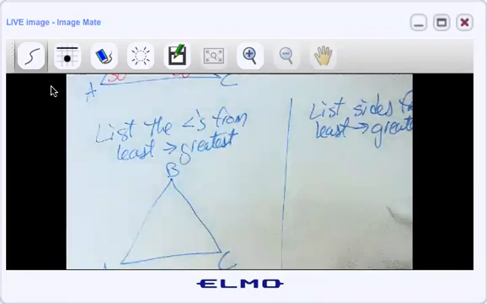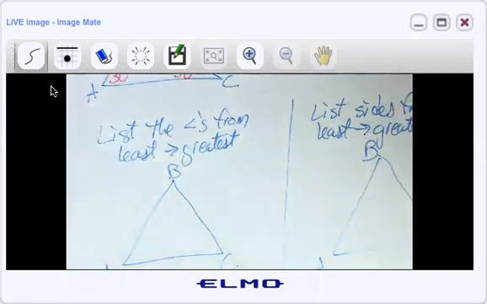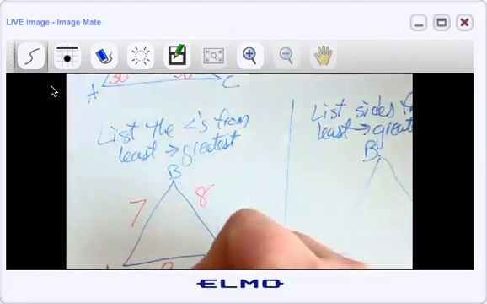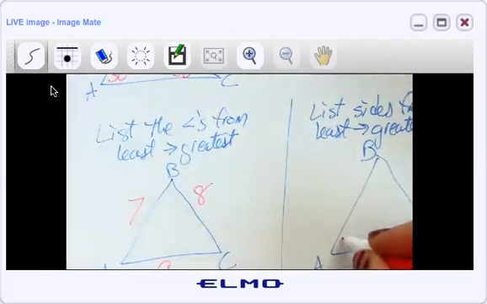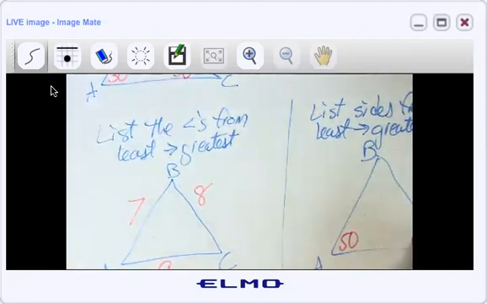Okay, so let's do this. I'll tell you this is 7, 8, 9. This is 50, 60.